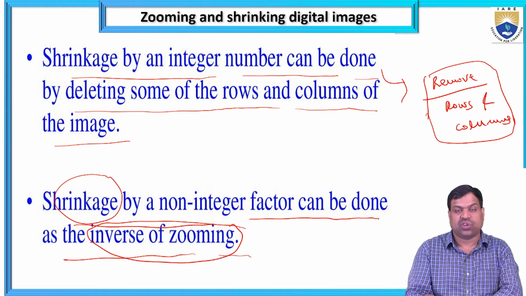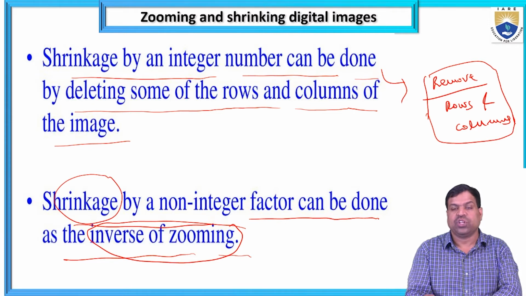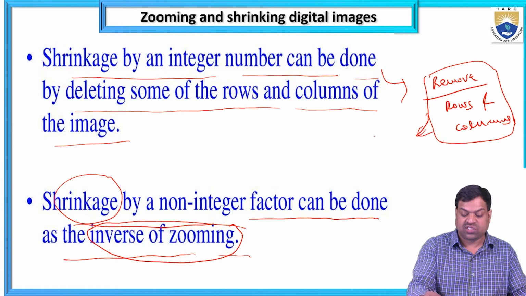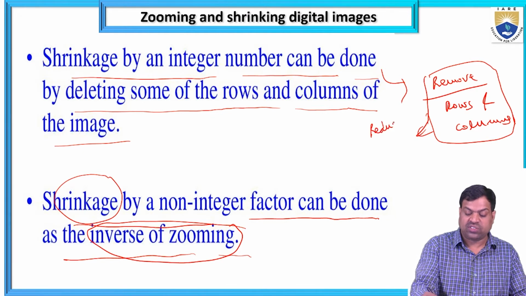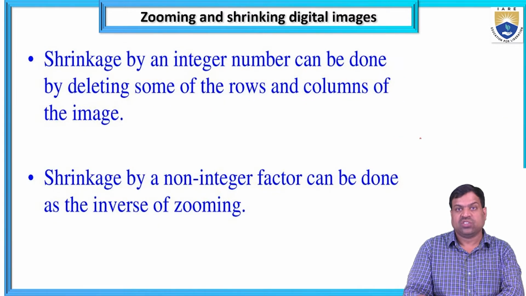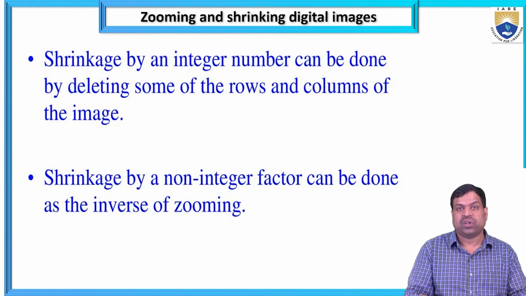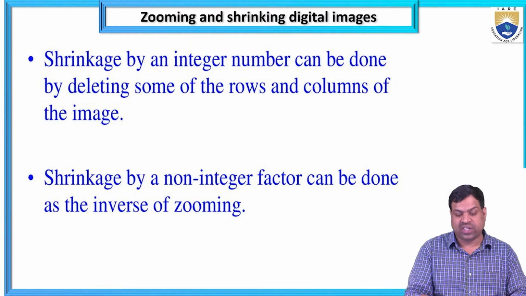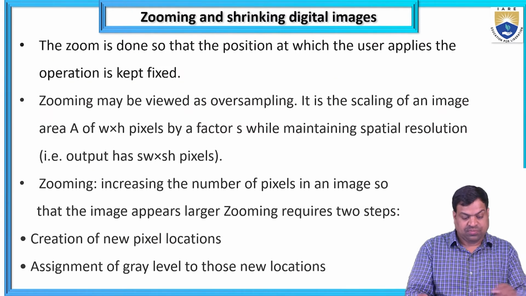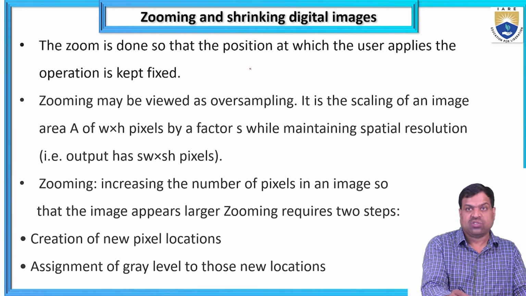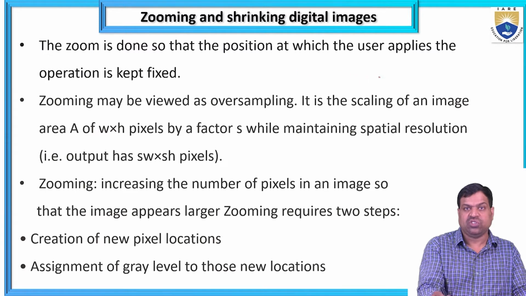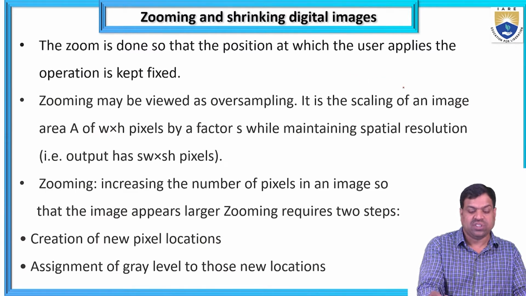So what is the major function of shrinkage? We are removing the rows and columns to reduce the size. Reducing the size is important for shrinkage. Shrinkage by an integer number can be done by deleting some of the rows and columns. The zoom is done so that the position at which the user applies the operation is kept fixed.